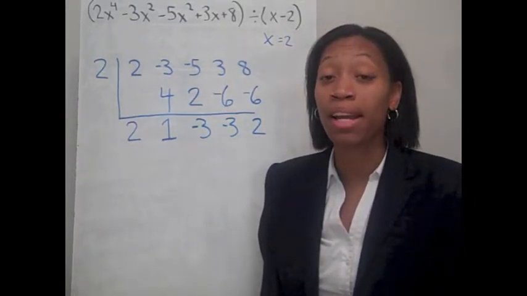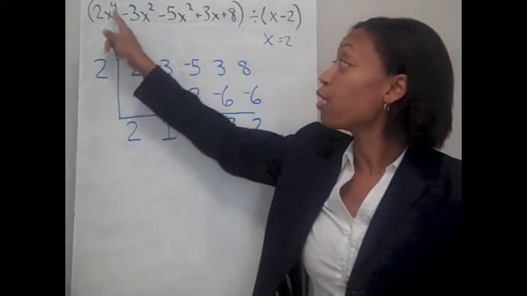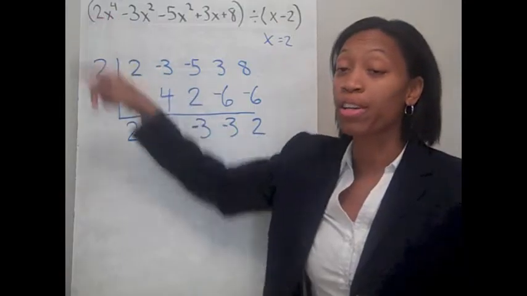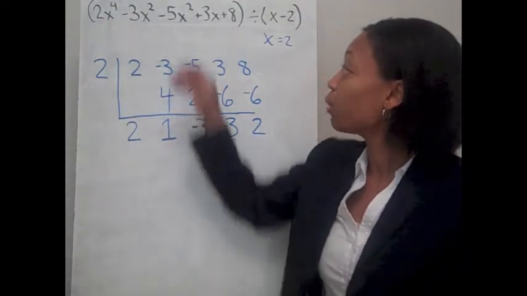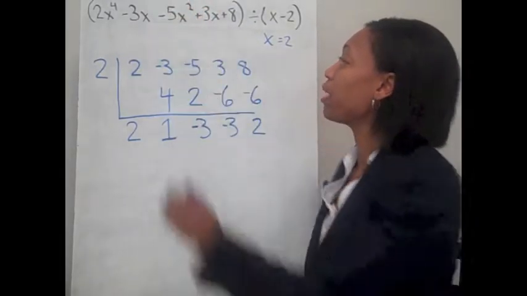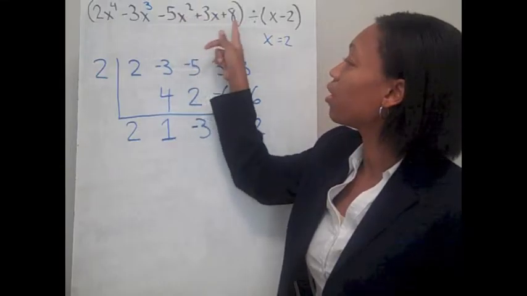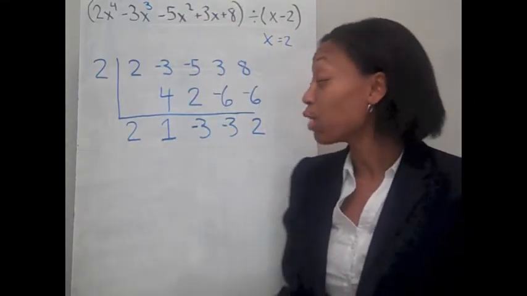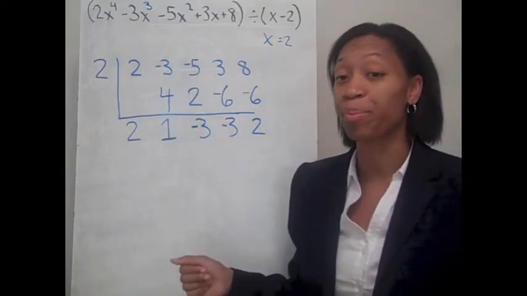Now I can write out my answer using 1 degree less than my original. The original one had a degree of 4, so now I'm going to write this with a degree of 2, and I see a mistake. This was supposed to be a 3. 4, 3, 2, 1, none. Okay. So now we're going to write out our answer with a degree of 3.